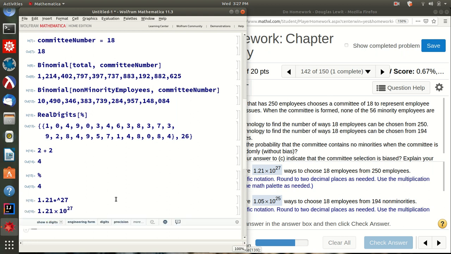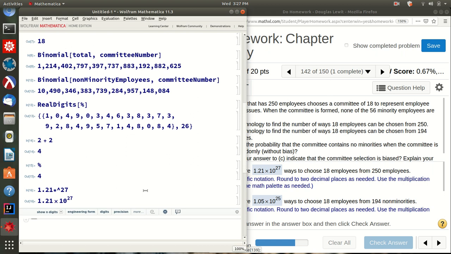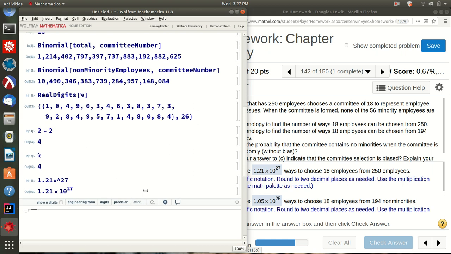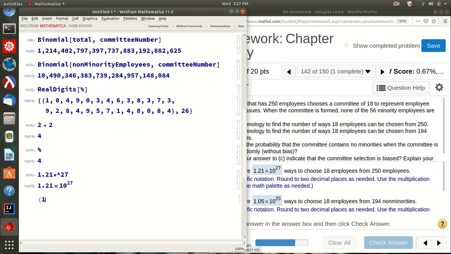There we go. So in Mathematica, you would use times and then the caret symbol to represent scientific notation. So let's try that again. 1.21, 27, so times and then the caret, divided by 1.05 times and then the caret symbol 25, which means times 10 to the power 25.